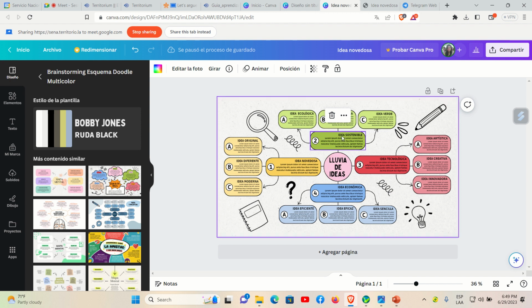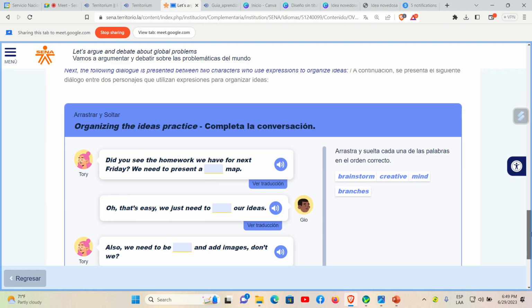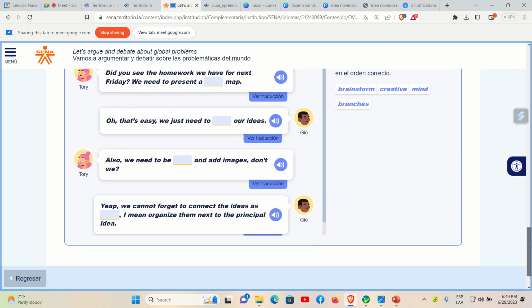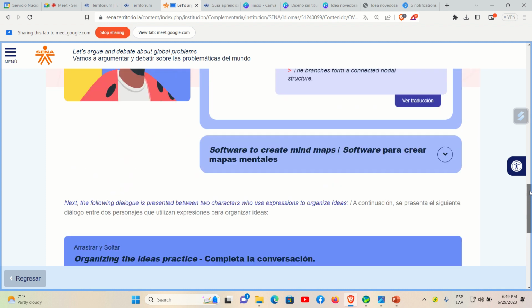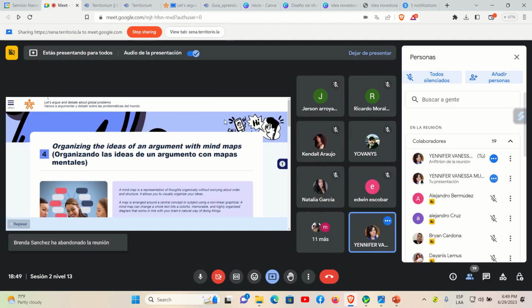Okay, and the other ideas, of course, go like in branches, branches, and the sub ideas. Okay, so this is quite good. And okay, this is another exercise. So having this in mind, do you have any question or anything?